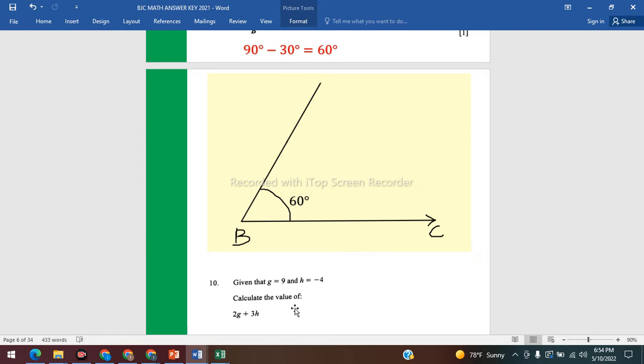Okay. G is 9. G is 9, yeah. Six, my bad. Say 6. 16. Oh no. How did I get 6 now? 8?